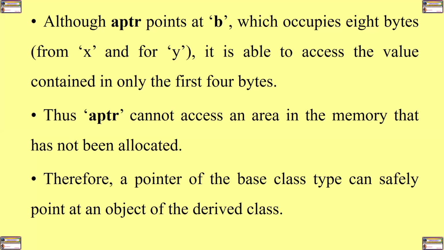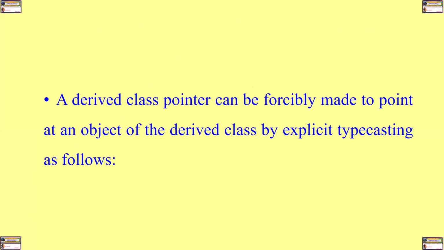Therefore, a pointer of the base class type can simply point at an object of the derived class. And a derived class pointer can be forcibly made to point at an object of the base class through what we call explicit typecasting. How is explicit typecasting done?